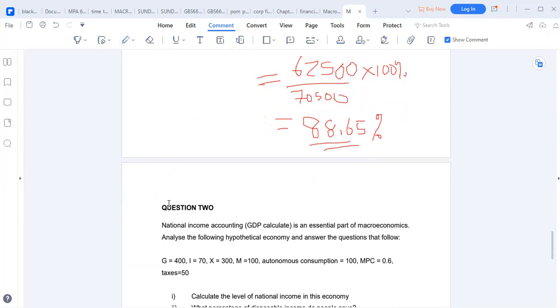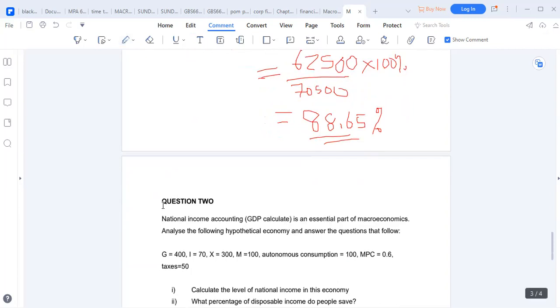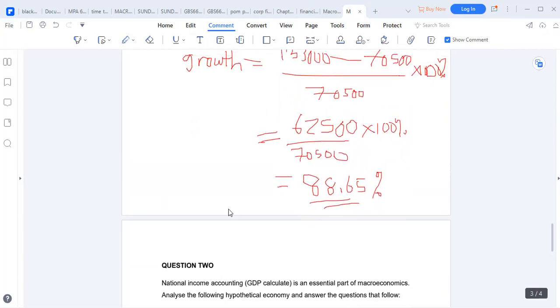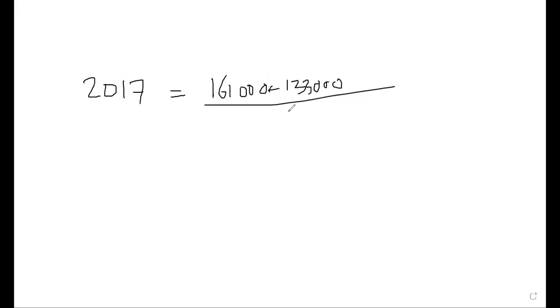As we are looking at this given problem, the growth rate for 2017 is going to be equal to 161,000 minus 133,000 over 133,000 and multiply by 100%.